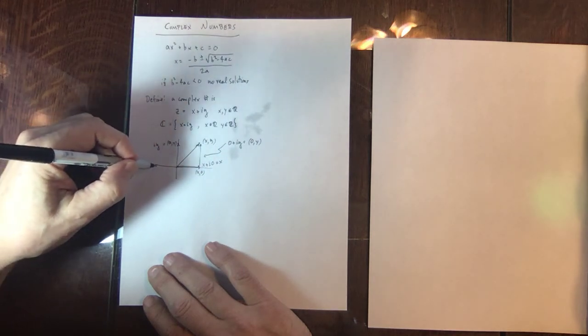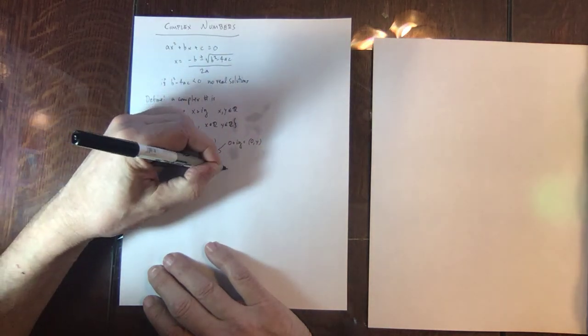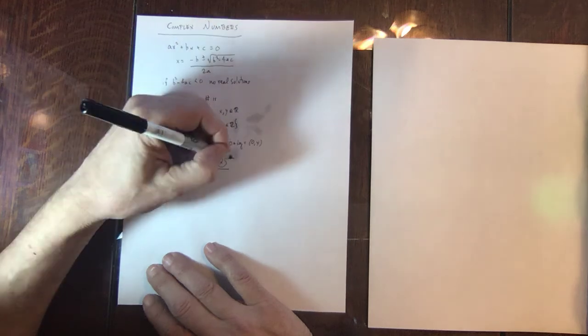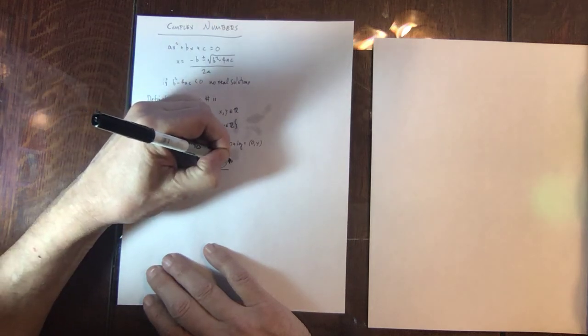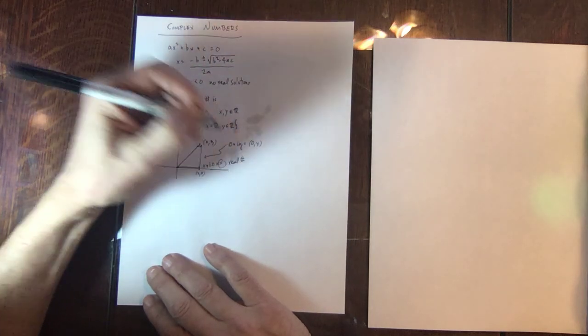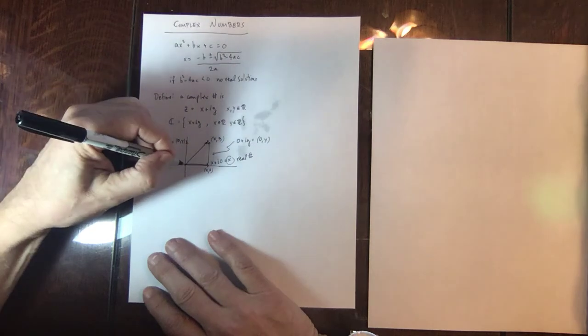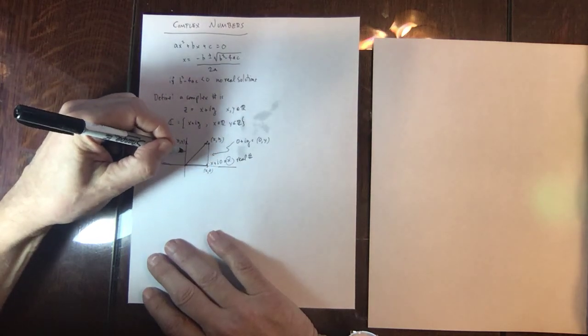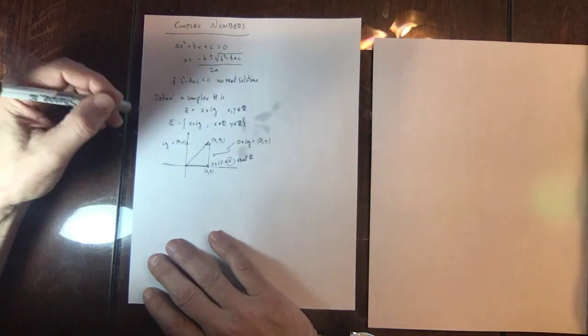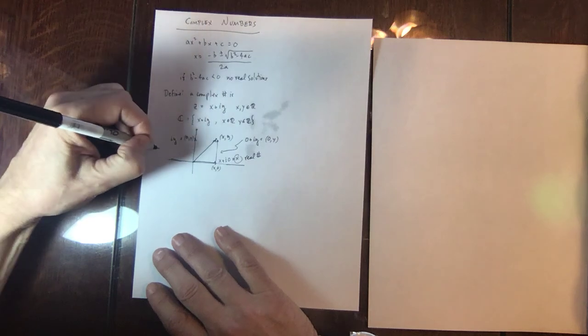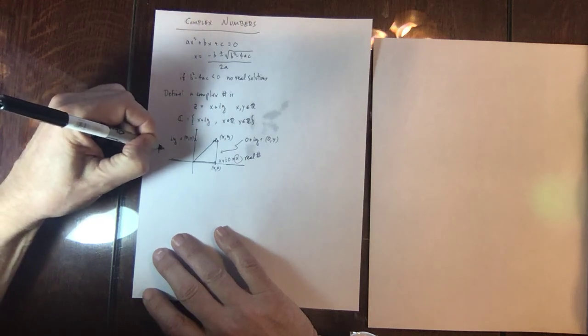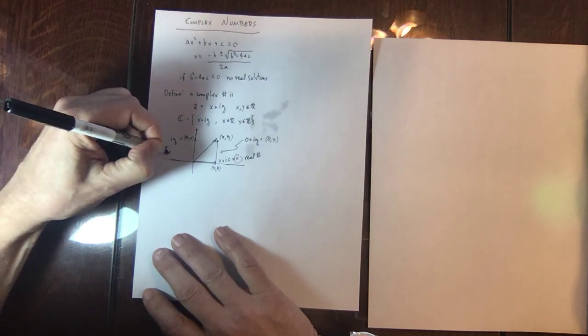Numbers or vectors which lie on the real axis, like this one, are called real numbers. That's what you're used to. But numbers that lie on this axis, of the form iy, are called pure imaginary.